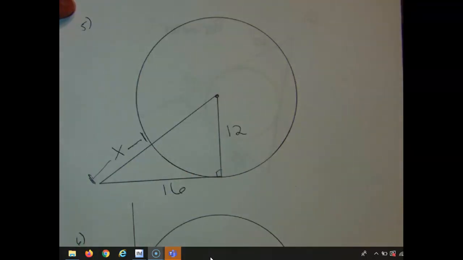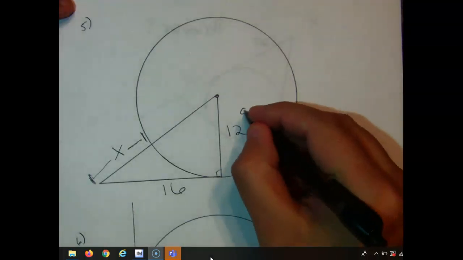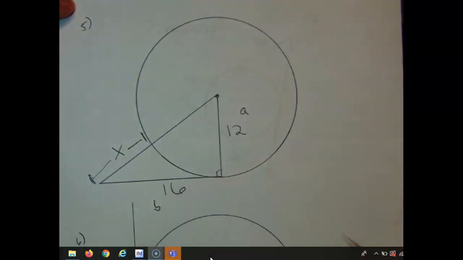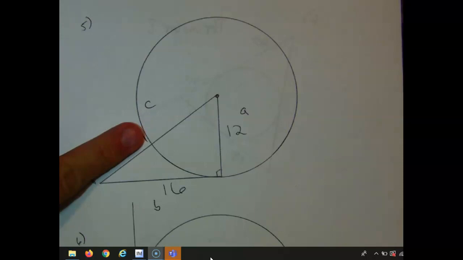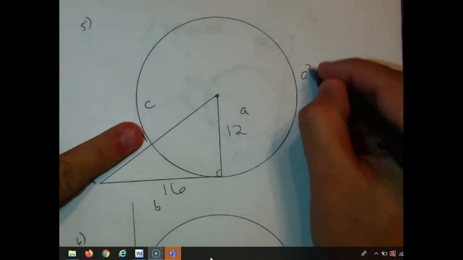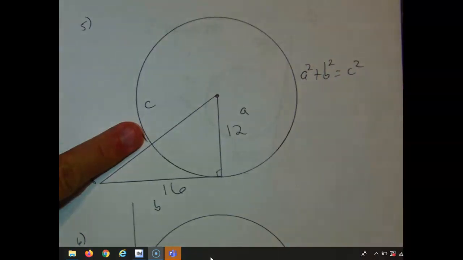Now the easiest way to do this problem is just simply the Pythagorean theorem and subtract. Alright, let me show you what I'm talking about. Let's say this is A, B, and C. Let's ignore the x and just do the Pythagorean theorem. So a squared plus b squared equals c squared.